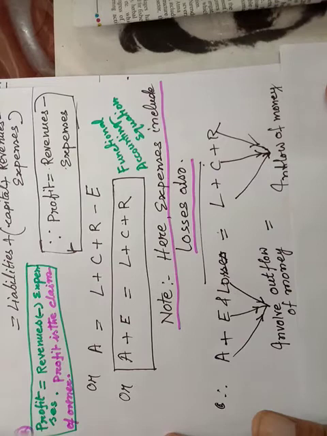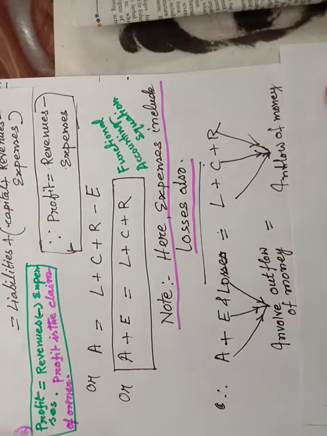These first three left hand side items, assets, expenses and losses, involve outflow of money, uses of money. Liabilities, capital and revenues involve inflow of money, or sources of money.